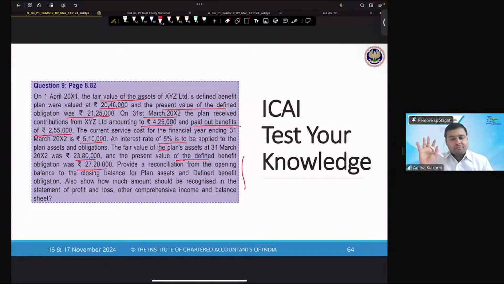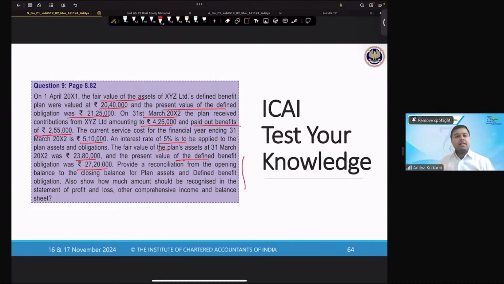Think and answer. Benefits paid out, where is it going to appear? Okay. Sir, it will reduce the obligation. Yes. Combine both your answers. Monica said out of plan asset, Jeannie said out of obligation. Both of you are correct.